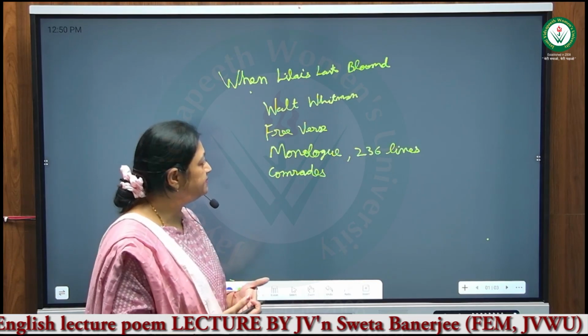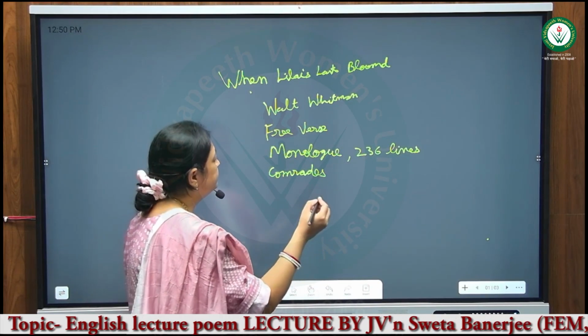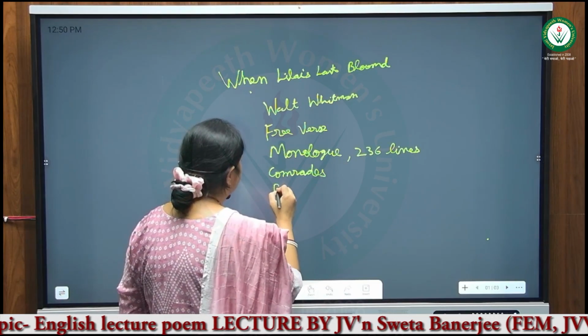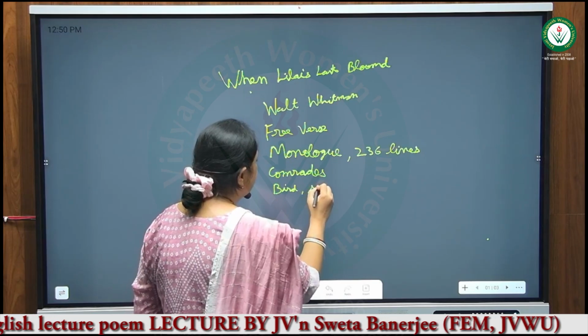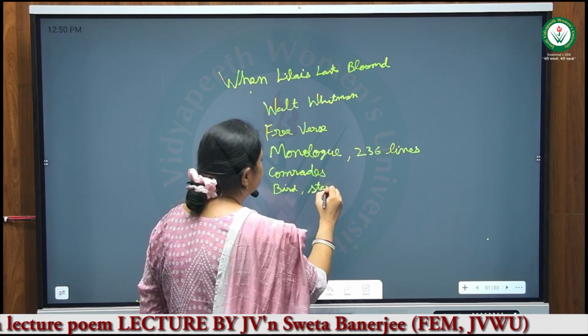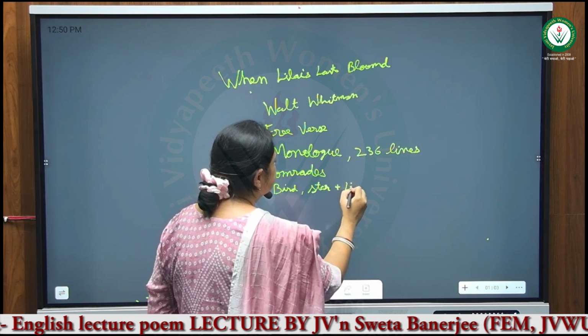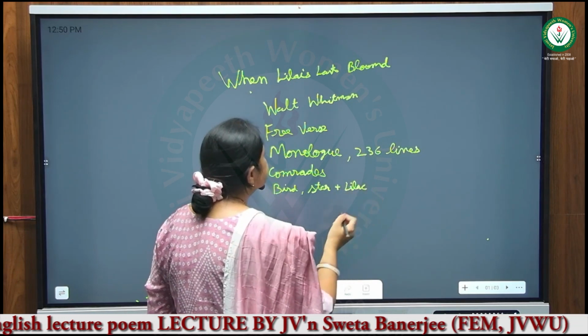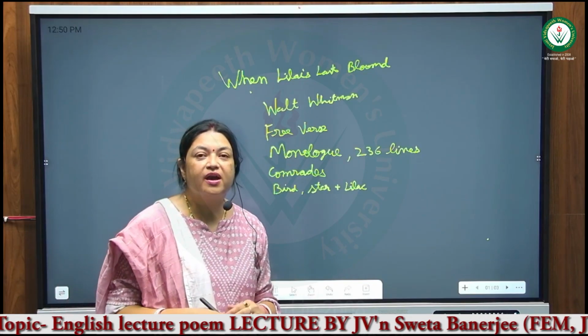Now, there are three symbols in the stanzas of the poem, and the symbols are bird, star, and lilac. Now, lilac itself comes in the poem. Now, why lilac?